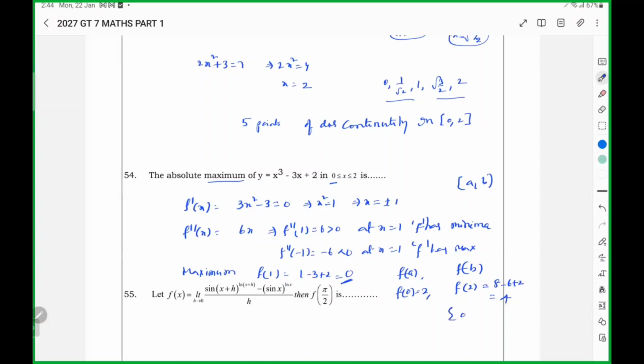So now you have to choose among 3 maxima. Among that, the maximum is 4. So the maximum of all this will be the maximum in the interval 0 to 2. So the answer is not 0. The answer is 4.